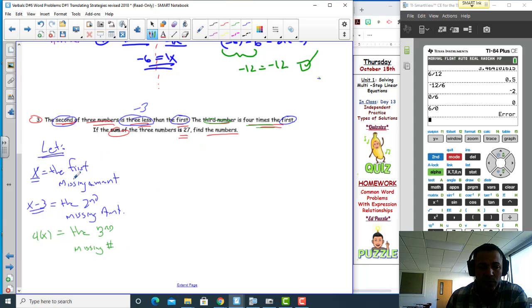Once we identify the missing quantities, we're now given a statement that describes the relationship. It suggests that their sum is 27. So I have a total here, 27, and that's going to be equal to when I add the first number, x, and the second number, x less 3, and the third number, 4x together.